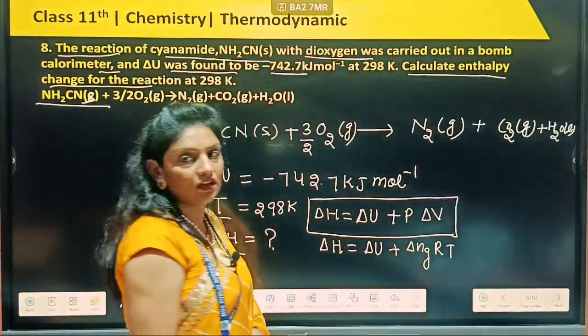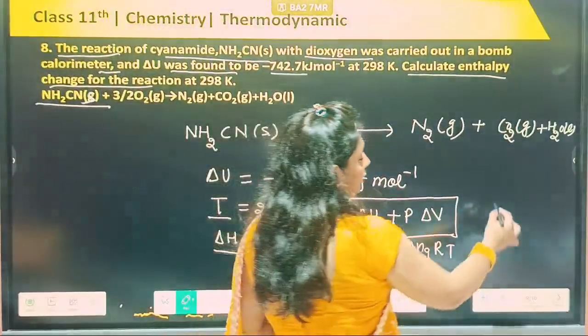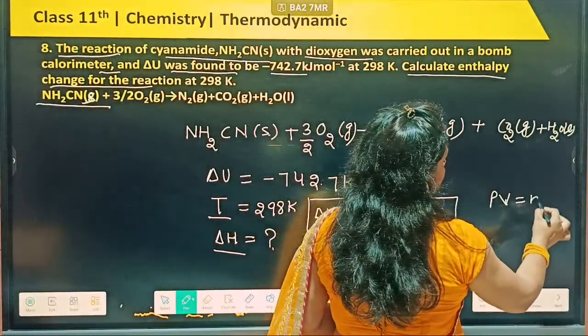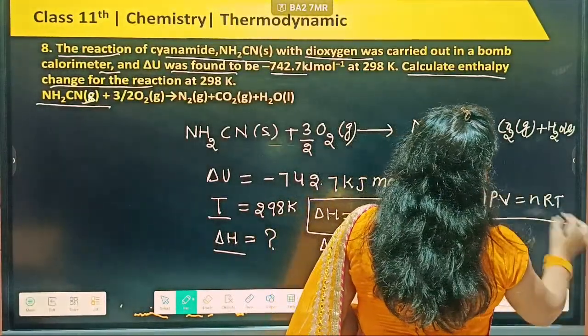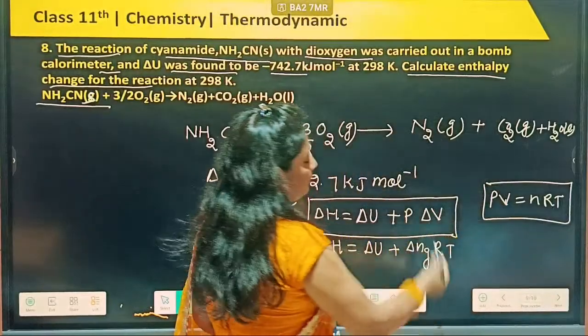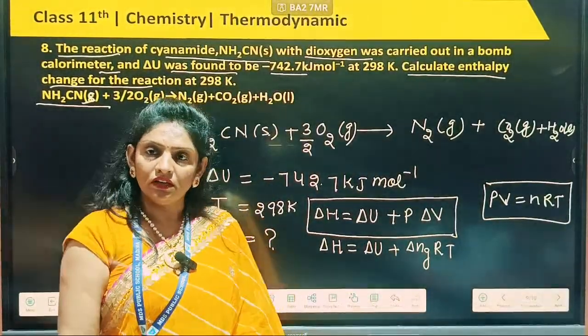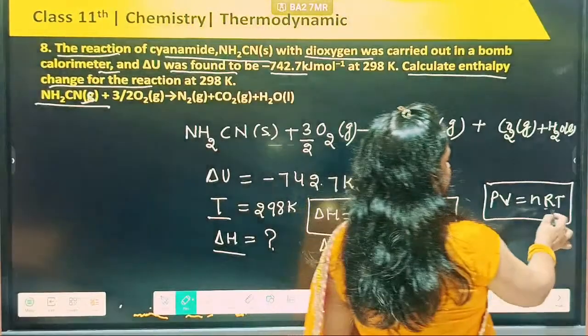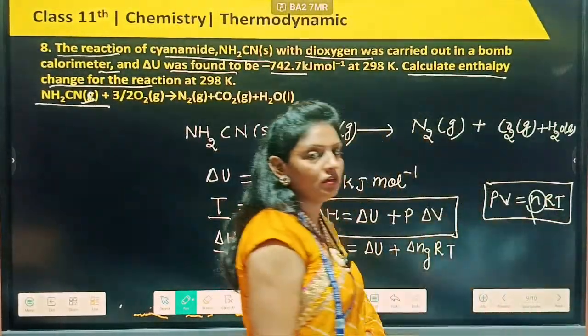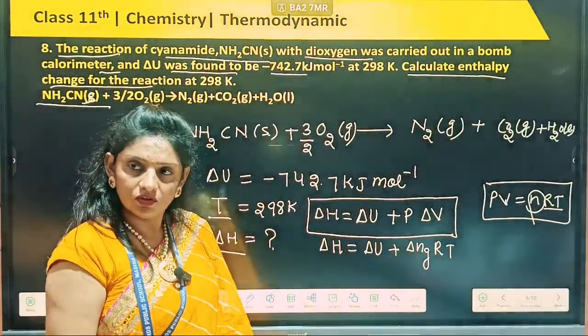You know very well, na? For ideal gases, PV is equal to nRT. So I can write PV in the form of the temperature and gas constant. Here n is the number of moles change.